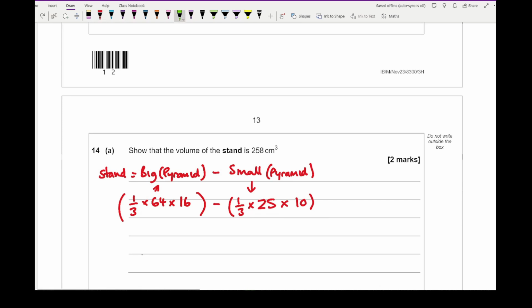So then type in each of these. I would always recommend that you type it in separately onto your calculator. So this first bracket equals 341 and a third, minus the second, the small pyramid, which is 83 and a third. And taking those two answers away, we get an answer of 258, which is what they wanted me to show.